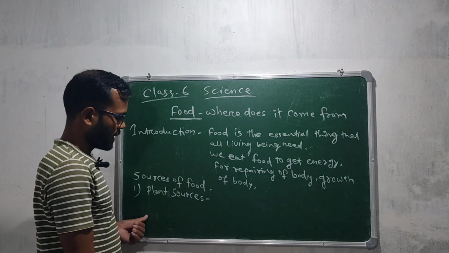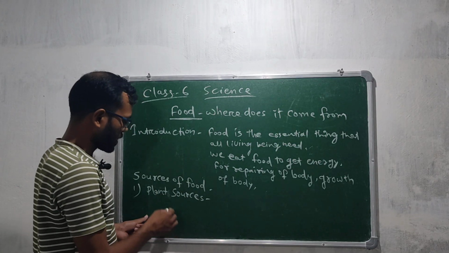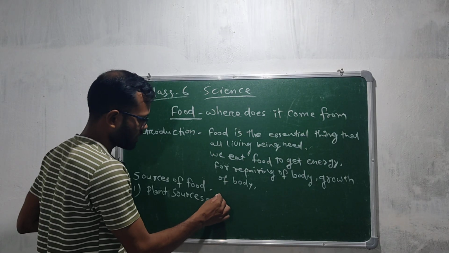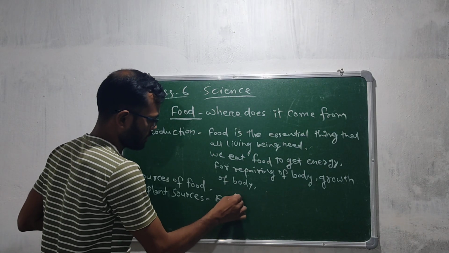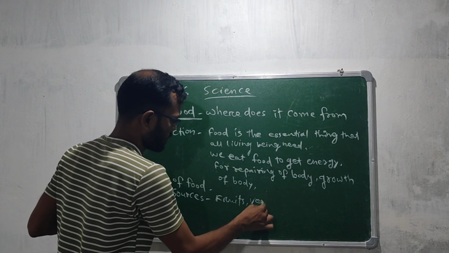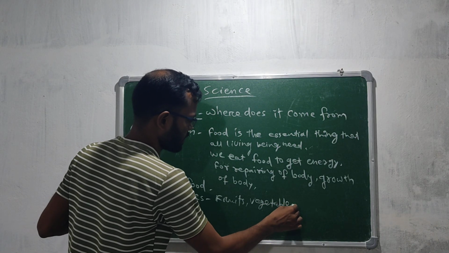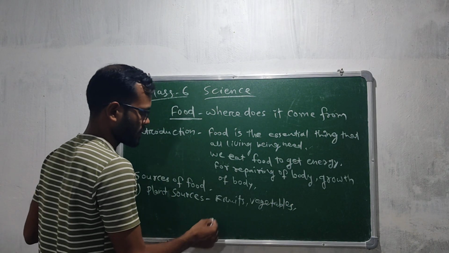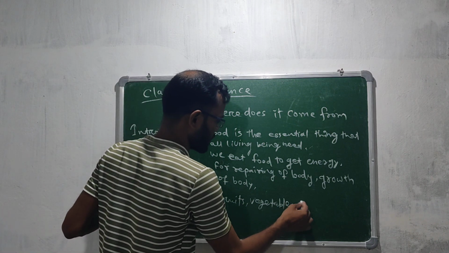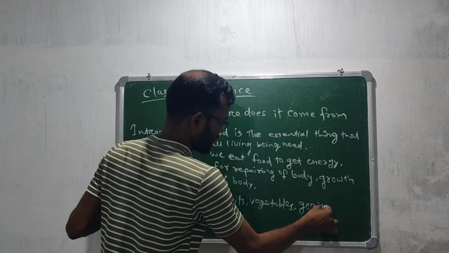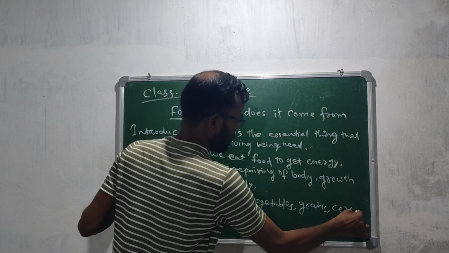So what are the plant sources of food? Like the whole plant: fruits, vegetables, grains, cereals, all these things.